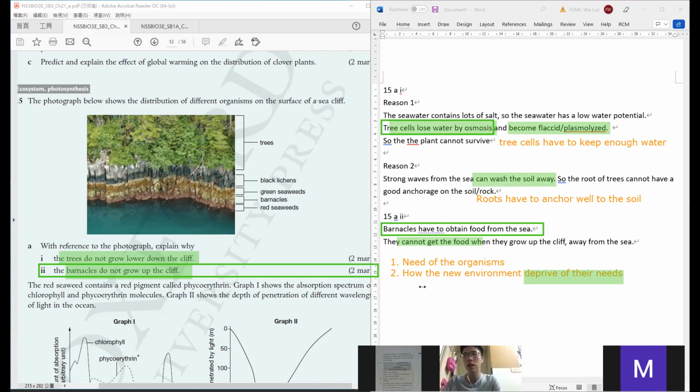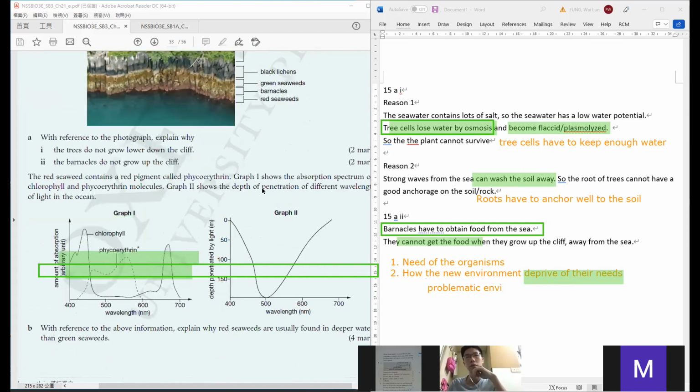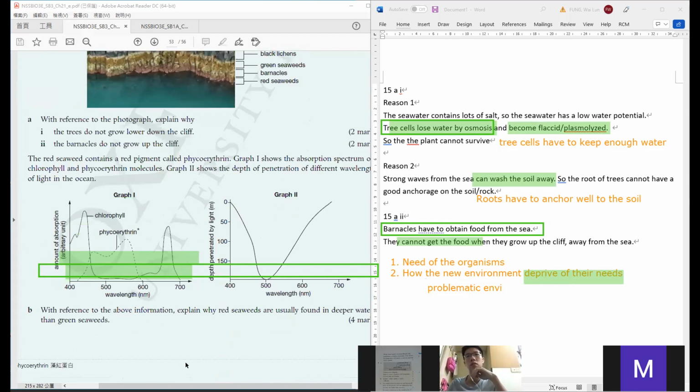So the new environment can be said to be a problematic environment. Okay, you get all these. So I will go down, all the way down there.